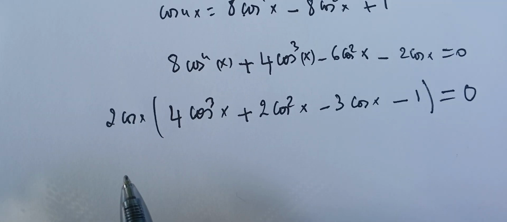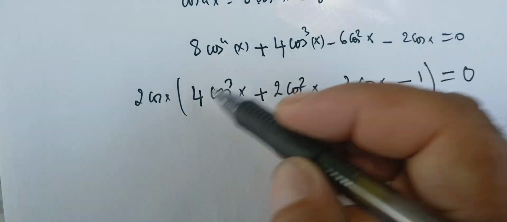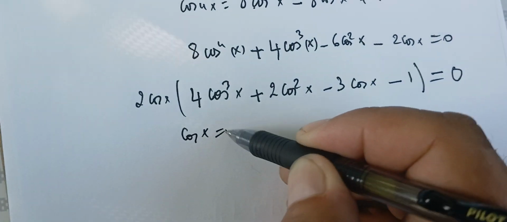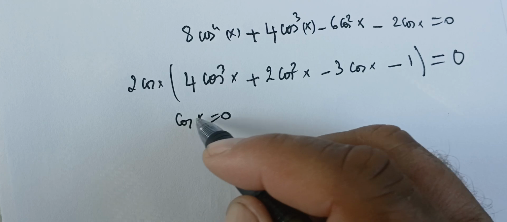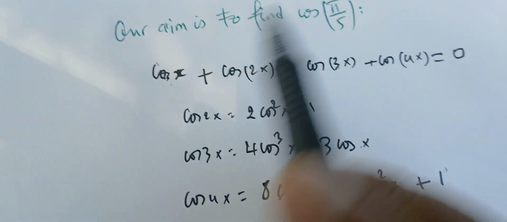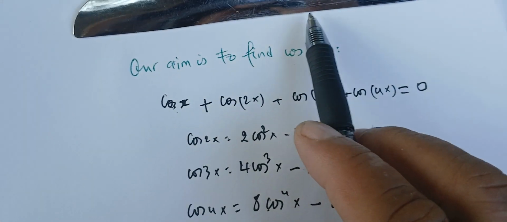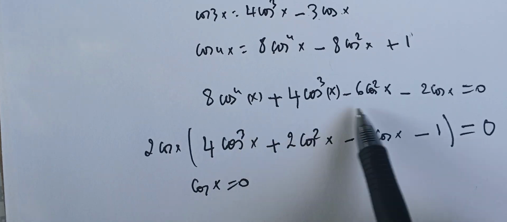And therefore cosine of x is 0. The cosine x being 0 won't give me the cosine of pi over 5, because my aim is to find the cosine of pi over 5.